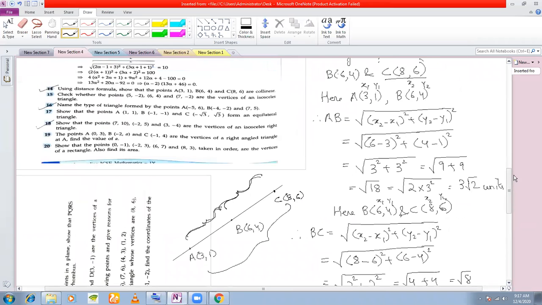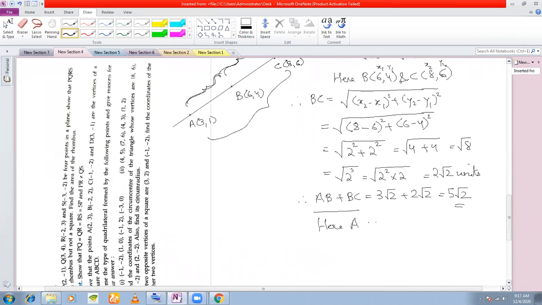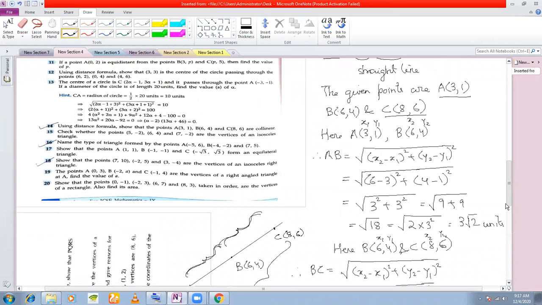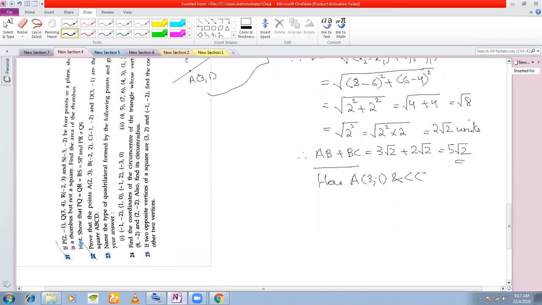So here point A is 3, 1, and the point C is 8, 6. Therefore, AC is square root of x2 minus x1 whole square plus y2 minus y1 whole square. Have your x1, y1, x2, y2.